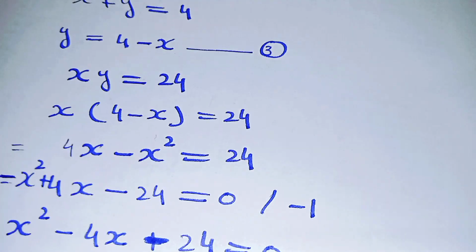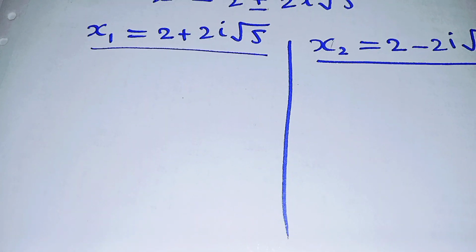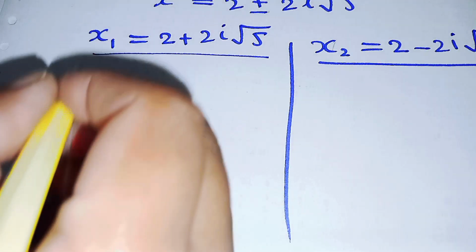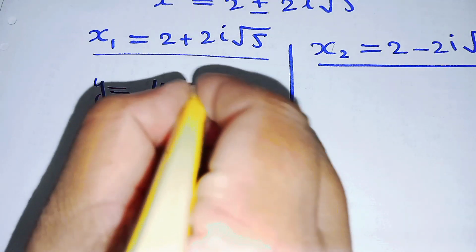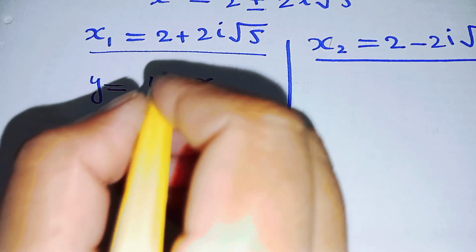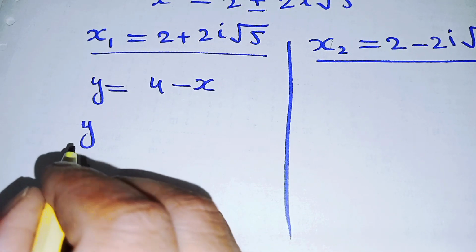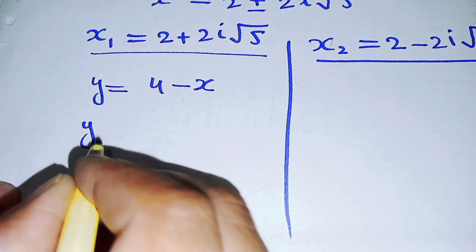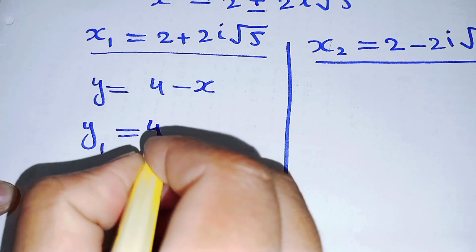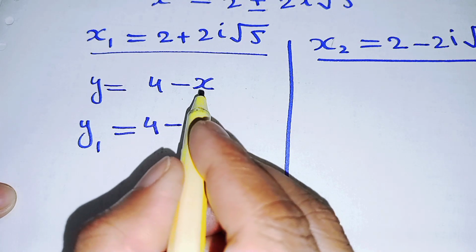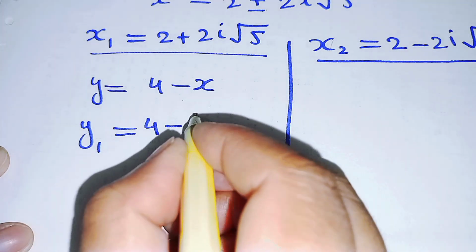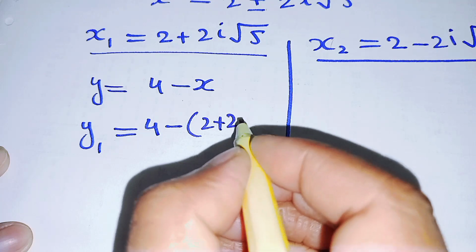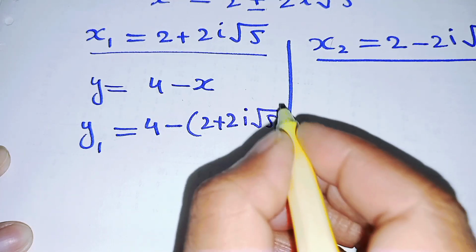For the first value of y, we put the value of x: 4 minus (2 plus 2i square root of 5).